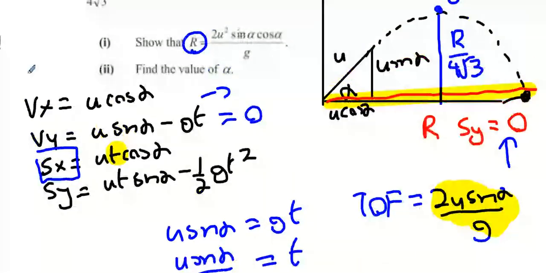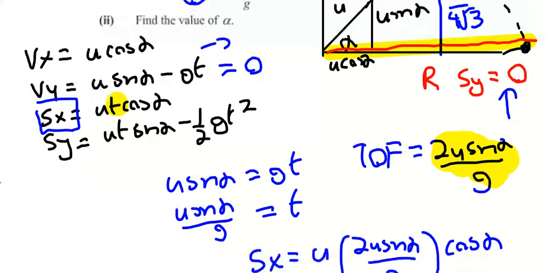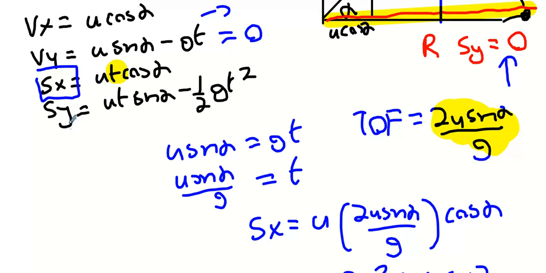Now, next thing. Find the value of alpha. Value singular, not value plural. Next thing: it says the maximum height is R over 4 root 3. So here's what I'm thinking: I see sy. Sy is R over 4 root 3.